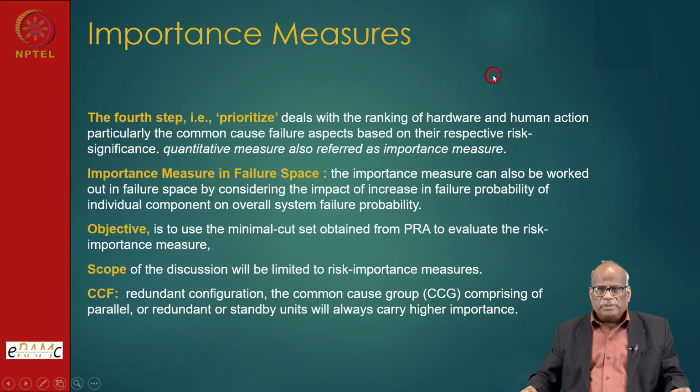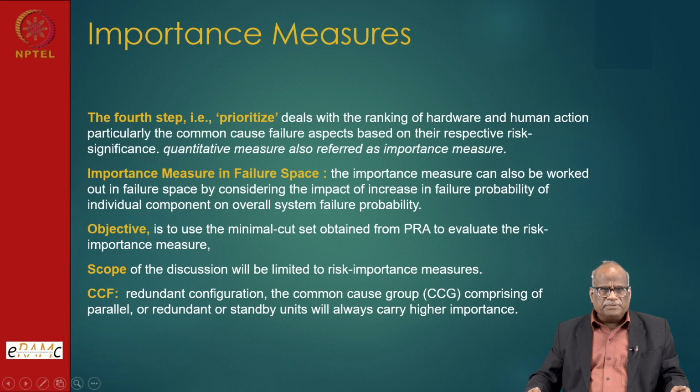So now we will have a list of n number of components, or systems or cut sets, from highest importance to lowest importance. If we have to see which modifications are to be done and which are not, then we can use that list.